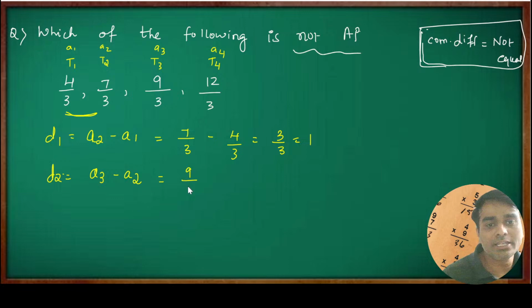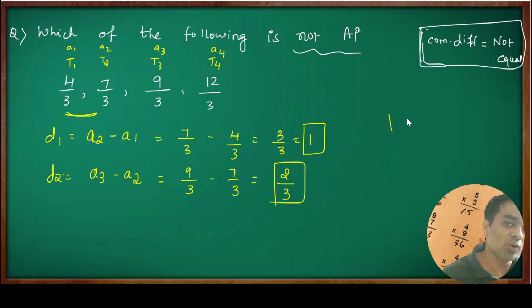My A3 is 9 by 3 and my A2 is 7 by 3. Here you are getting 2 by 3. So just stop here, no need to go ahead, because here you got to know 1 is not equal to 2 by 3. Simple. That means this was the sequence among the given which is not an AP.